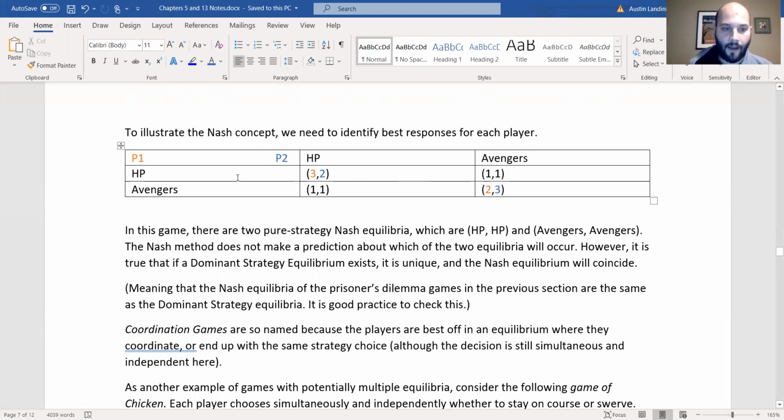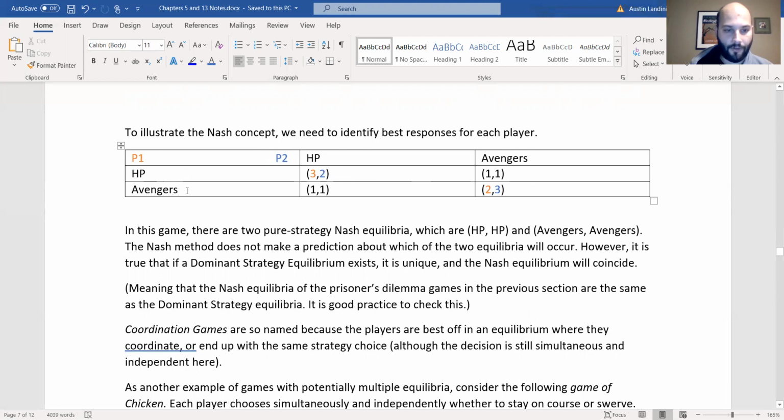All right, let's put player 2's best responses in blue here. So conditional on player 1 choosing Harry Potter, player 2 would get 2 for Harry Potter or 1 for Avengers, should choose Harry Potter.